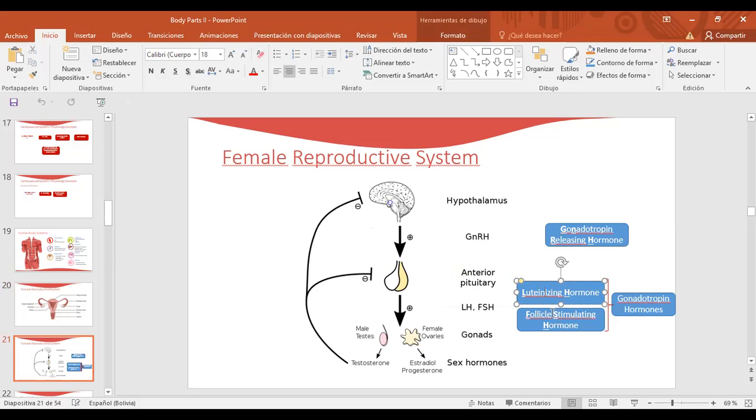Luteinizing hormone, okay? Luteinizing hormone. Okay, any other that you might have problems with here? Luteinizing. Yes, that's what you said, right? Any other? Anterior pituitary. Yes, great.